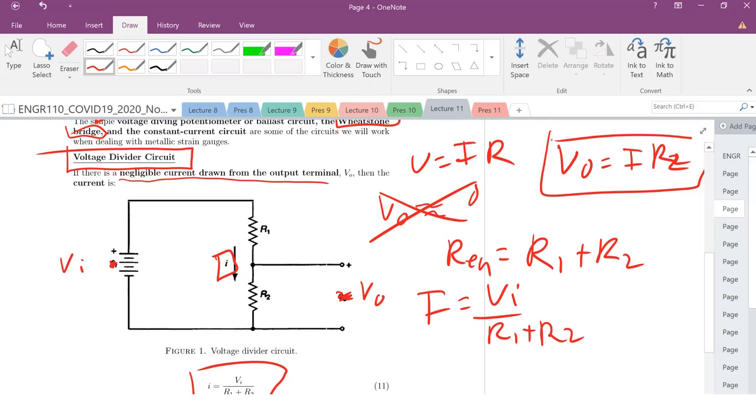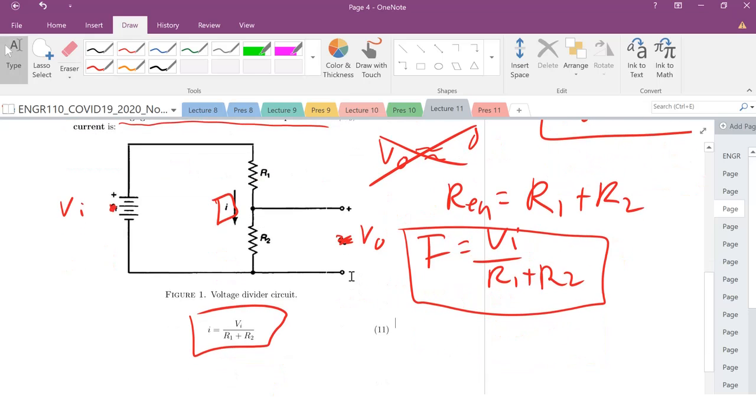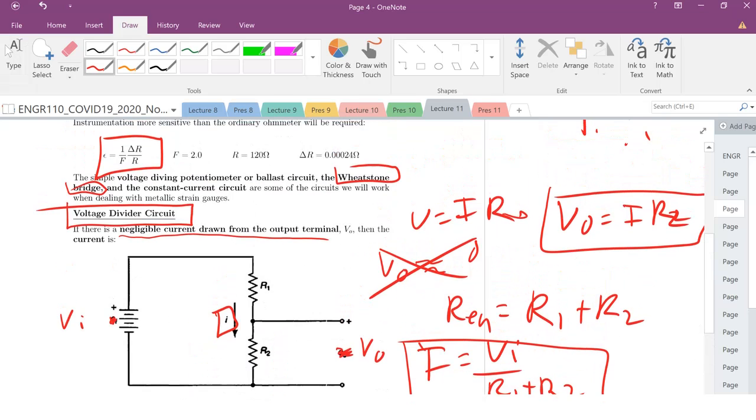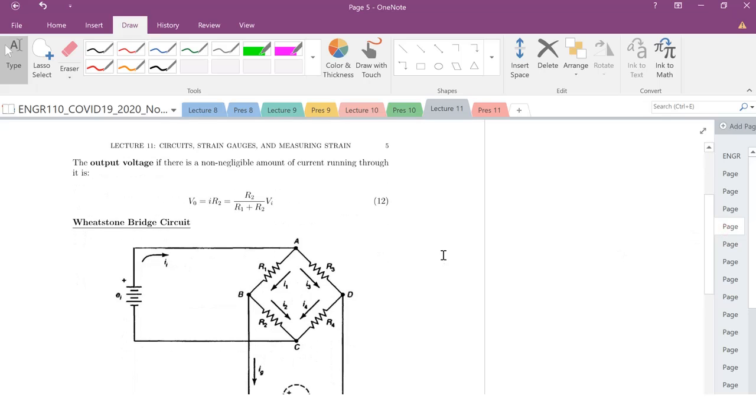That's just our expression from Ohm's law. We know what I is, so if we plug it in, as you'll see on the next page, the output voltage V naught is just R2 over R1 plus R2 times VI. That's your voltage.